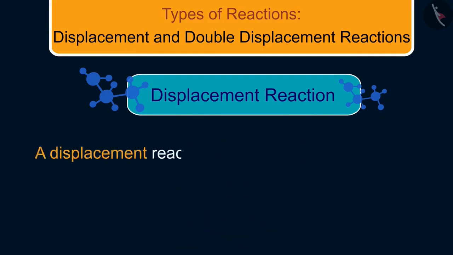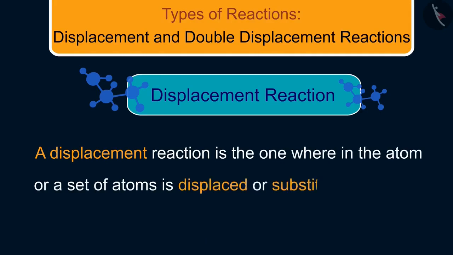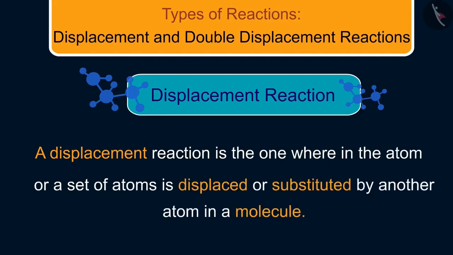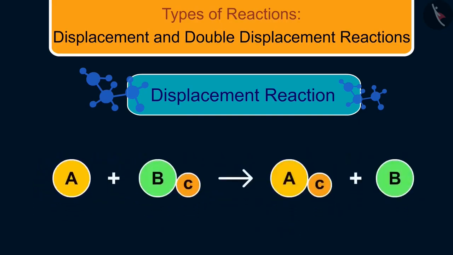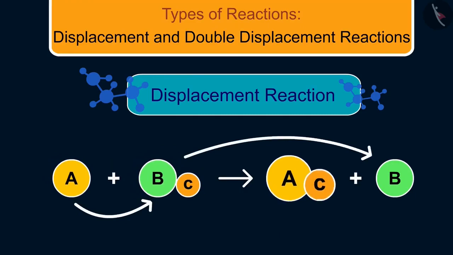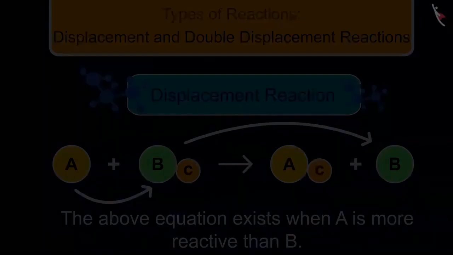A displacement reaction is the one wherein the atom or a set of atoms is displaced or substituted by another atom in a molecule. For example, suppose A is more reactive than B. Then A can displace B from BC and form AC, as shown in the reaction.